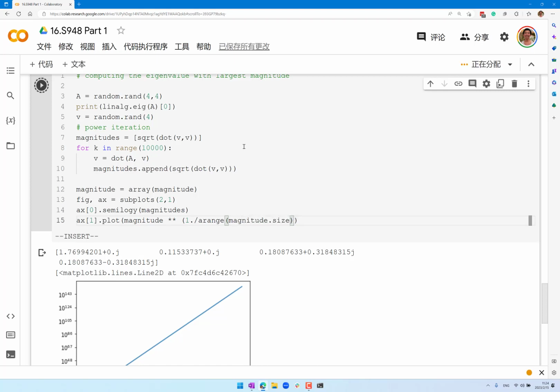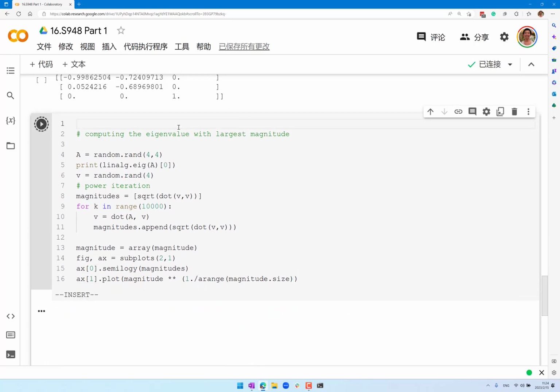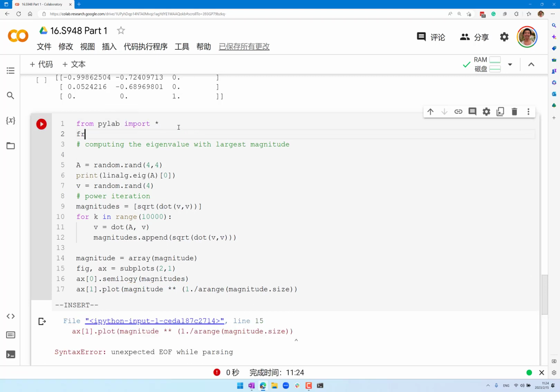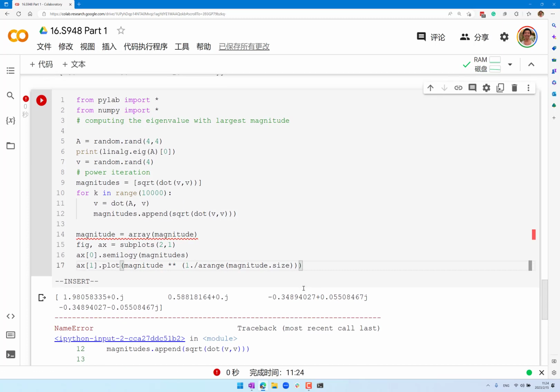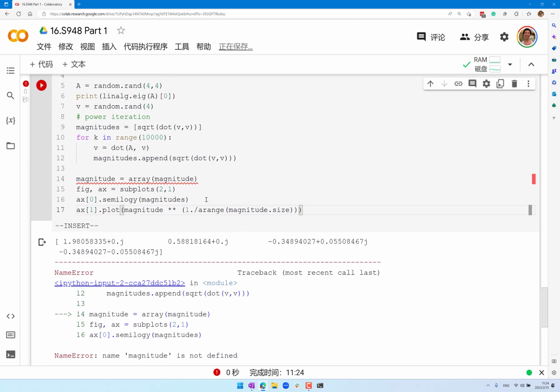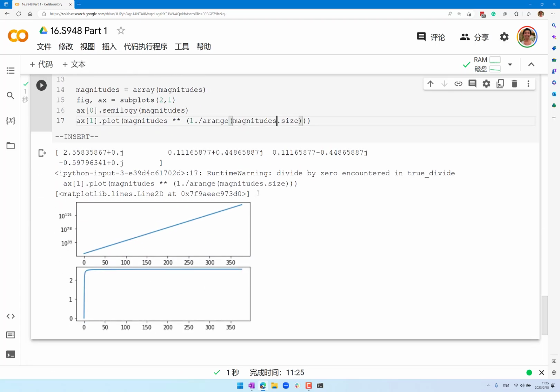I think I might not have imported what I need to import. Unexpected EOF. Okay, magnitudes.